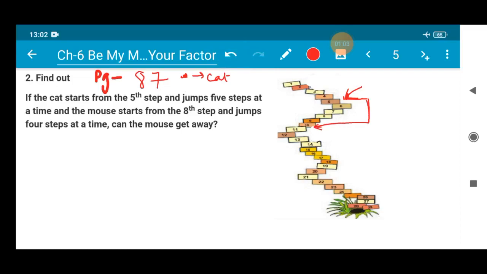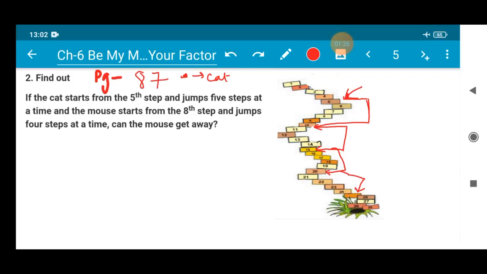Now after 10 the cat will be at the 15th position. After 15 the cat will be in the 20th position. After 20 the cat will be in the 25th position, right? After that there is no other position, so this is the final position of the cat. So these are the steps which the cat is going to travel.